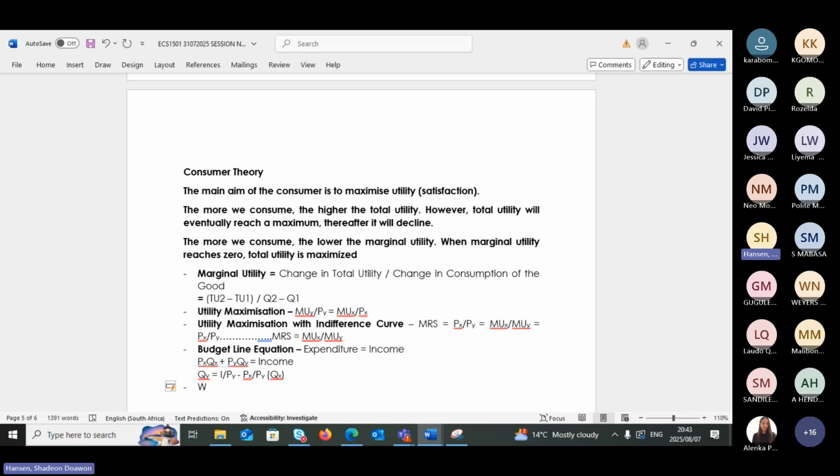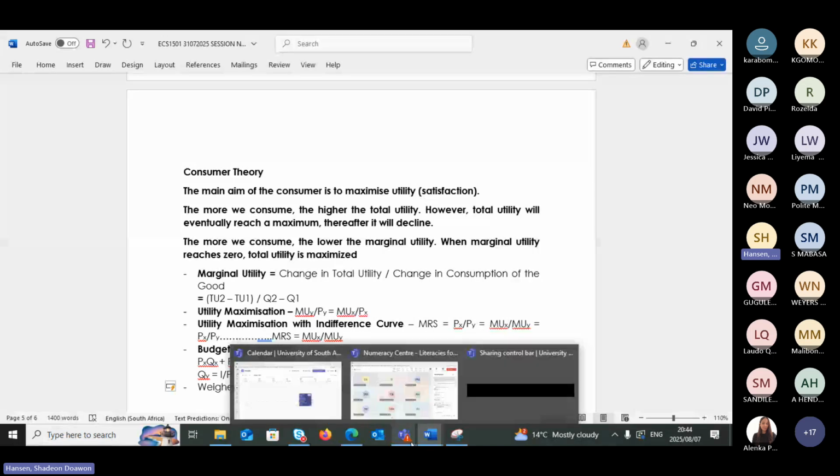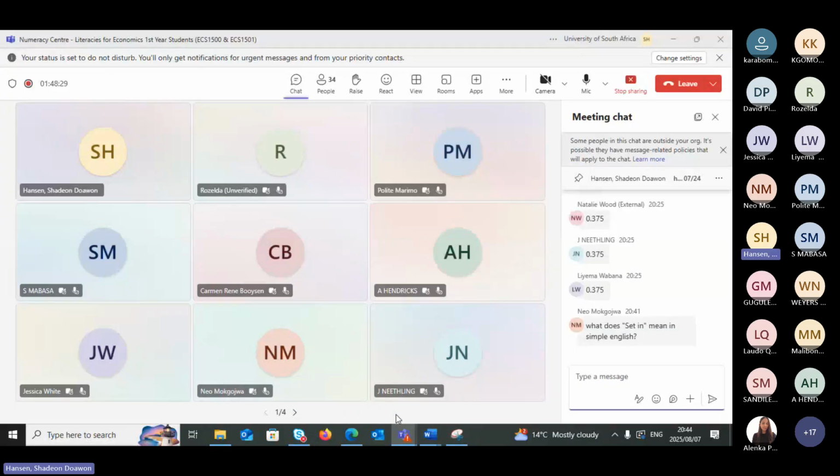This is now the formula for the weighted marginal utility, or we call it marginal utility per rand. And you know how we get that, students? We take the marginal utility, whether it is for good X or good Y, divided by the price of good X or good Y. Are we together?